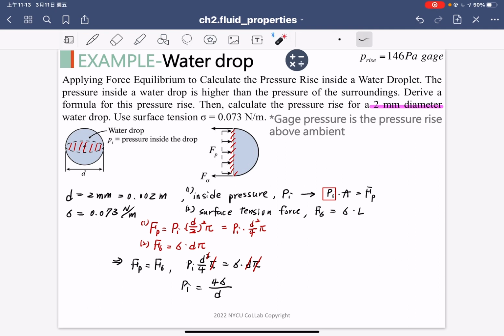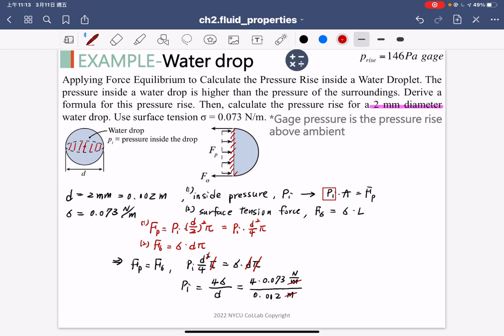We have the two pieces of information: D is 0.002 meters, and the surface tension is 0.073. So we just put the numbers inside the formula. It's 4 times 0.073 Newton per meter, divided by the diameter, 0.002 meters.